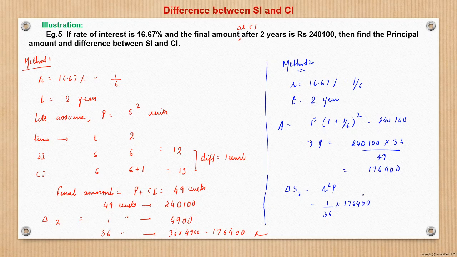So we will divide 176,400 by 36, which is 4,900, right? So this is 4,900. This may be a tad easier and less time consuming. So this is the preferred method in case of the difference of SI and CI for 2 years, right?